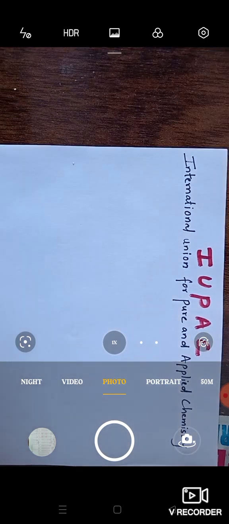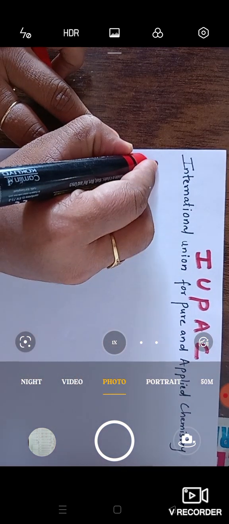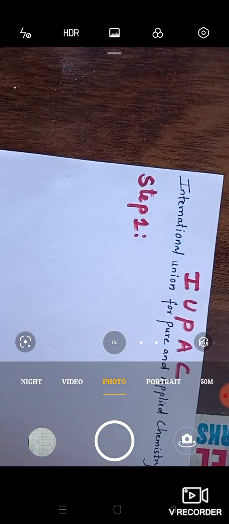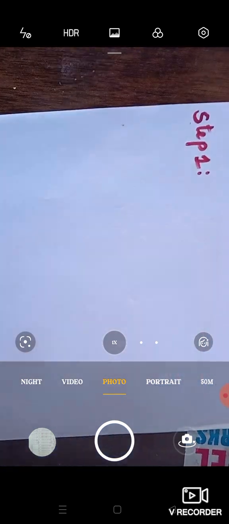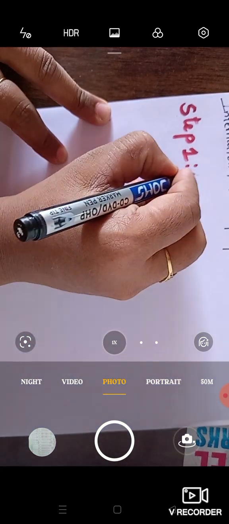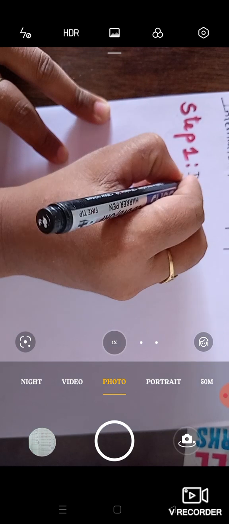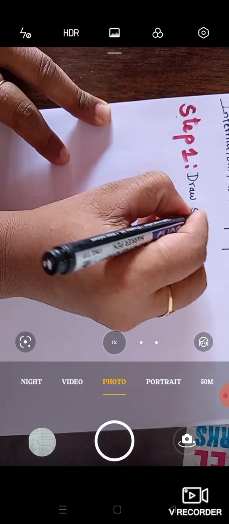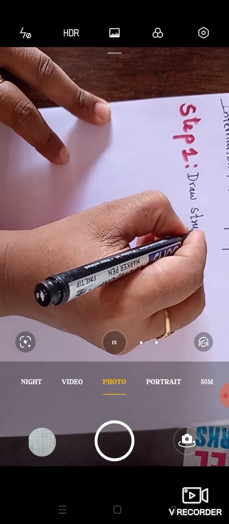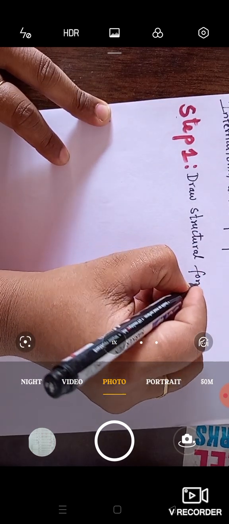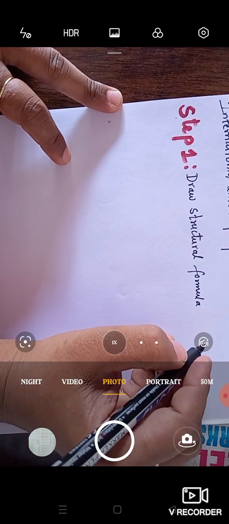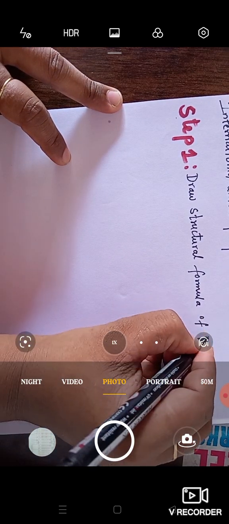So let's see the first step. Step 1. What we need to do in step 1? In step 1, we will draw the structural formula. Whatever is the name of the compound, we will draw its structural formula of the straight chain compound.